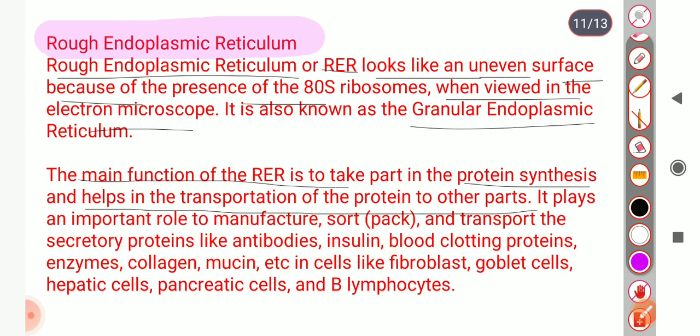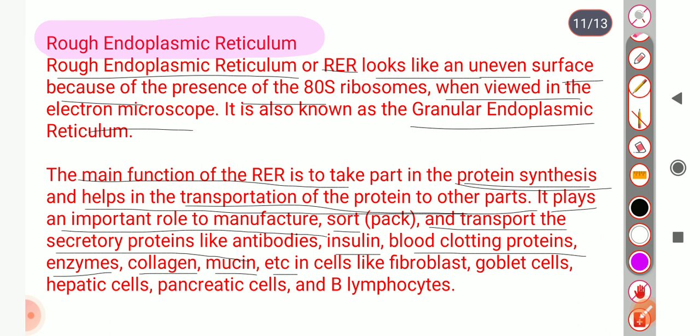But in the smooth endoplasmic reticulum, we see that it helps to transport protein, not for the synthesis of protein. But in the rough endoplasmic reticulum, it takes part in the synthesis of protein and also transportation of protein from other parts. It plays an important role in manufacturing, packing, sorting and transporting secretory proteins like antibodies, insulin, blood clotting proteins, enzymes, collagen, mucin, etc. Means the rough endoplasmic reticulum's main function is manufacture, sorting and transport of secretory proteins.